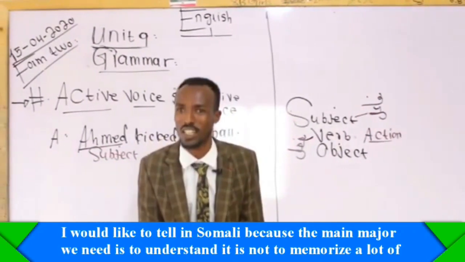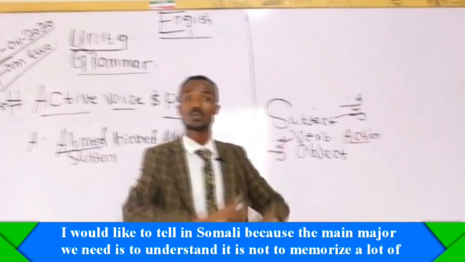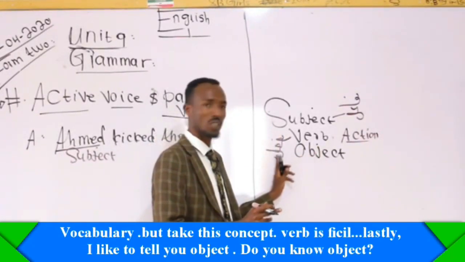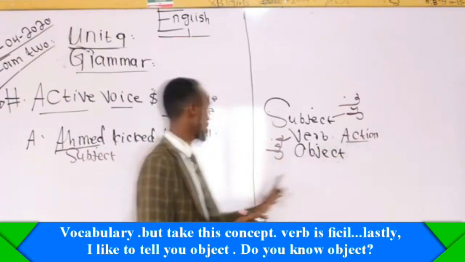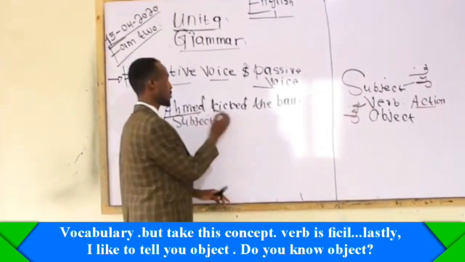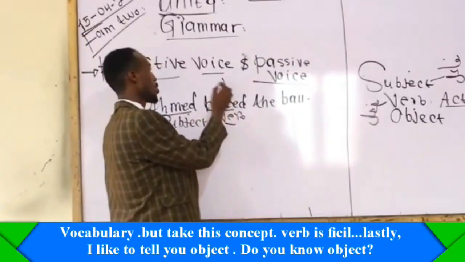Sometimes I like to tell you in Arabic or Somali because the main thing we need is to understand. It's not to memorize a lot of vocabulary, but to take the concept. Verb is the fi'l, the action. For example, Ahmed kicked the ball. Kick is a verb.